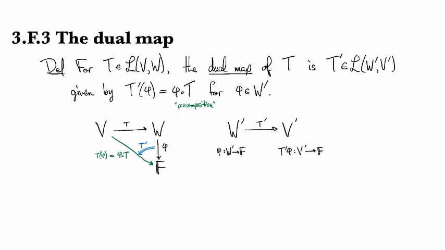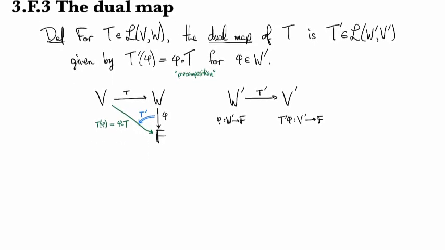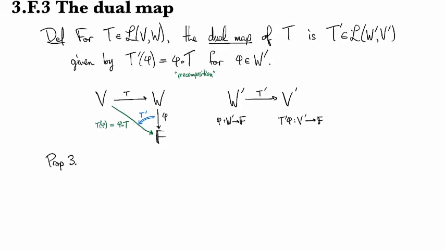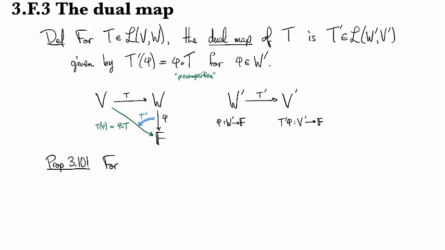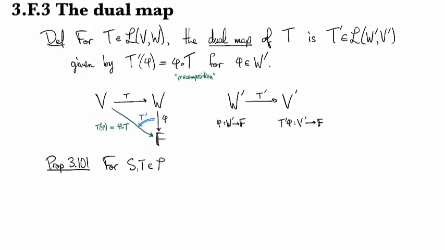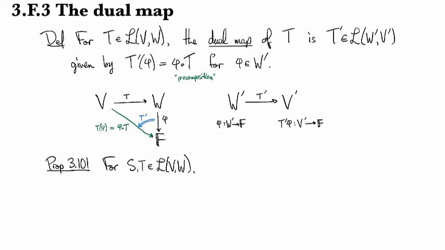Okay, so now we have a proposition about this. And this is 3.101. I'm getting up there. 3 is a hefty chapter, right? Okay, so if we have two linear transformations S and T from V to W, then this is going to tell us how priming works.